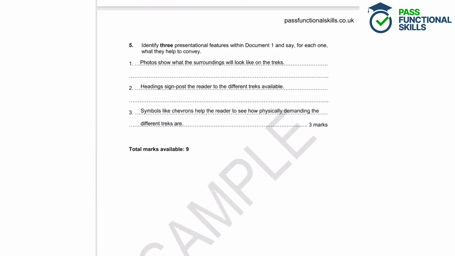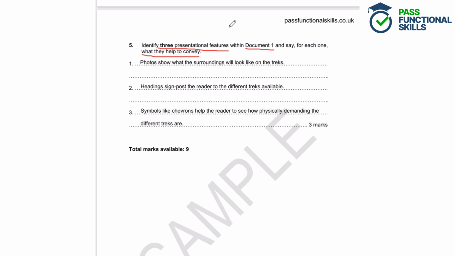Question 5. Identify 3 presentational features within document 1 and say for each one what they help to convey. So in this question we want to find 3 presentational features, and we want to be finding these in document 1, and then we need to say what they help to convey. So what this means is that we need to find 3 parts of the text that are presentational features.